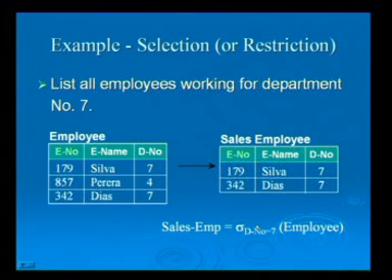So, this will create another relation called sales employee. As you can see, it has selected only the rows that satisfy the condition, that is department number 7. All the other rows have been discarded from this new relation, but the original is intact.